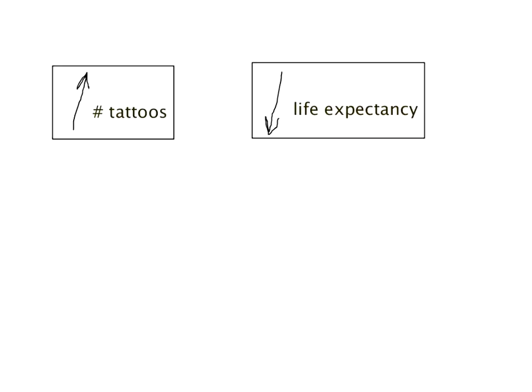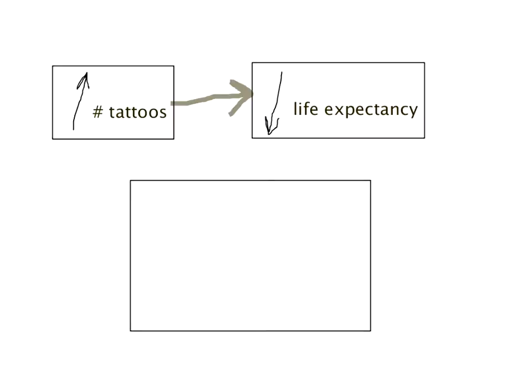Yes, that's a negative correlation. Now, is the number of tattoos the thing that is causing you to die young? We don't know for sure. It's possible. But maybe, I like that as a good answer. Maybe. Not necessarily. That's another good answer.